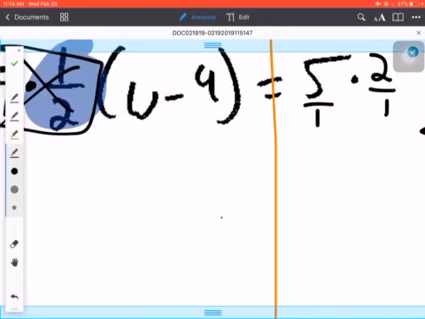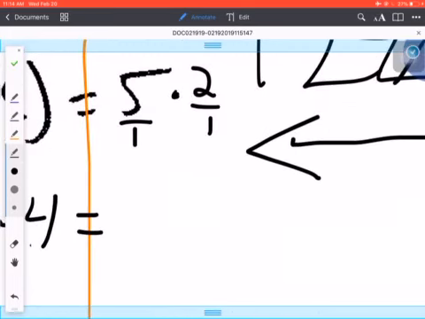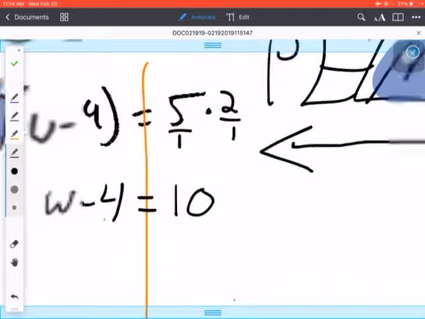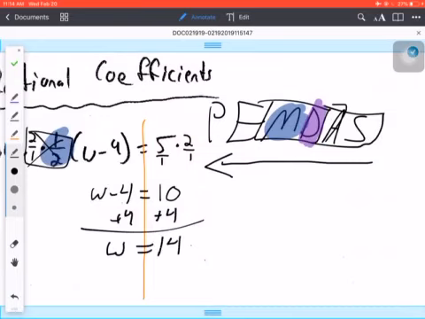So I'm left with just w minus 4 equals 5 times 2 is 10. I'm going to add 4 to both sides, and I'm left with w equals 14.